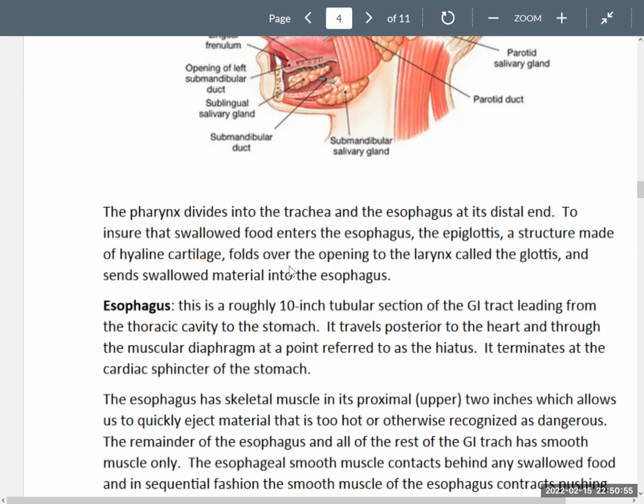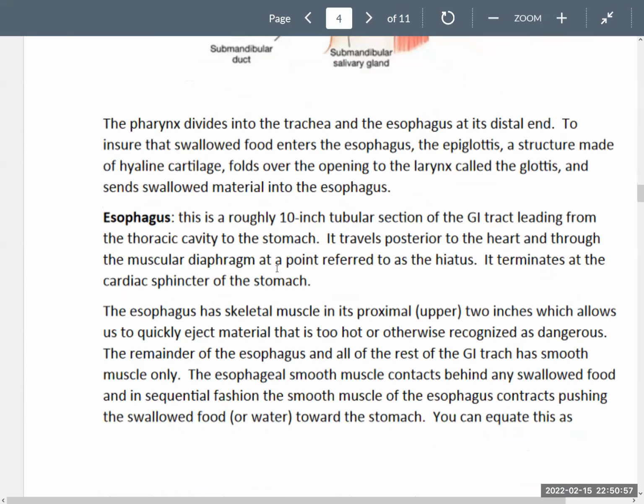Okay. The esophagus itself is a tube. It's about 10 inches to a foot in length, and it travels behind the heart. So a lot of times when you think you've got maybe a heart problem or something, you actually just have indigestion from this. It punctures through the diaphragm and it terminates at the cardiac sphincter of the stomach, which we'll see very soon.